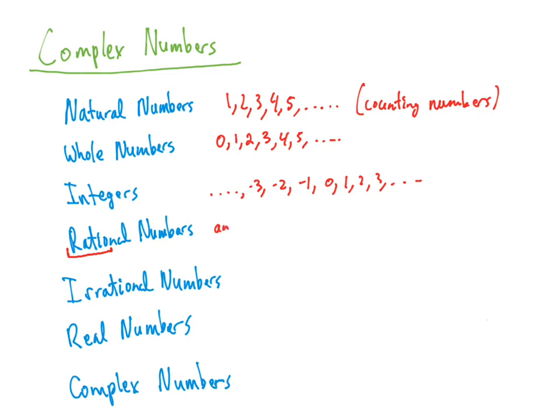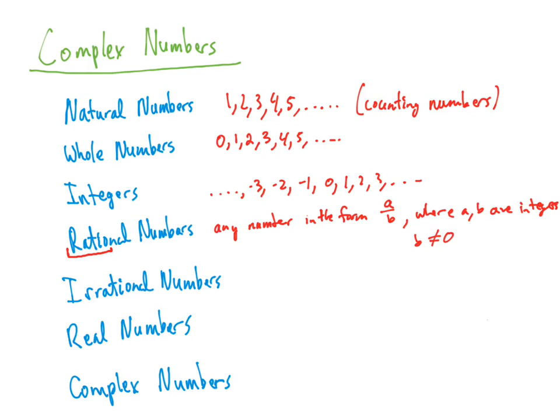So specifically, any number in the form a over b, where a and b are integers, and b cannot equal 0. So any number that we can write as a fraction where the numerator and the denominator are integers and the denominator is not 0.